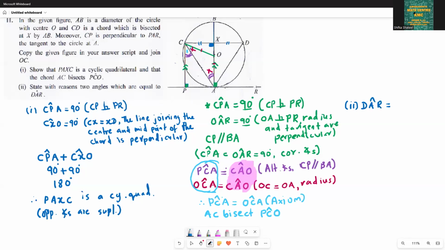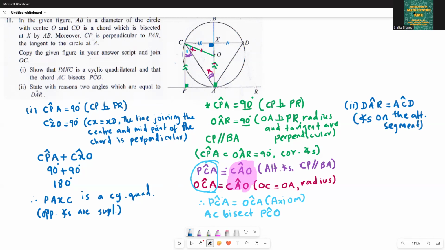DAR is equal to ACD. These two angles are equal because of angles in the alternate segment.